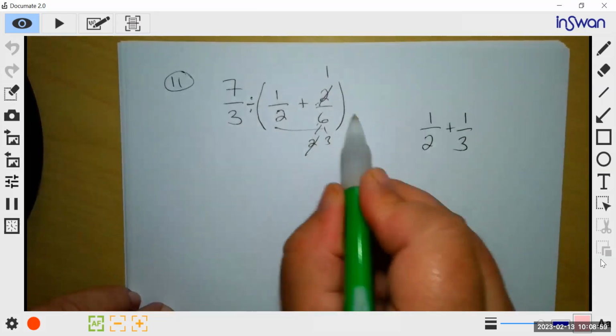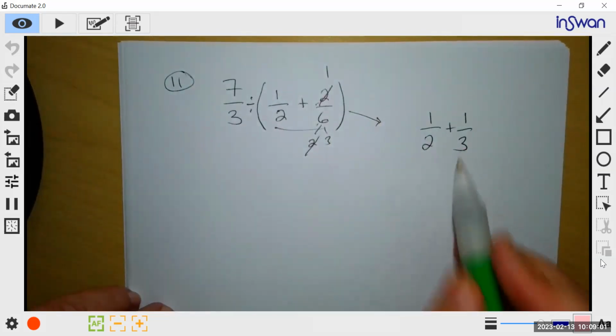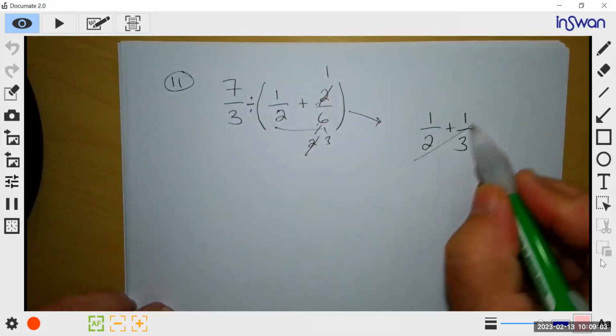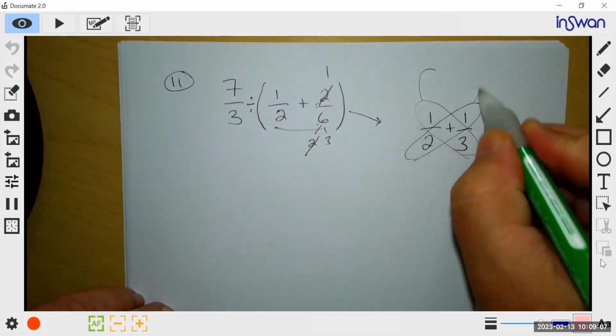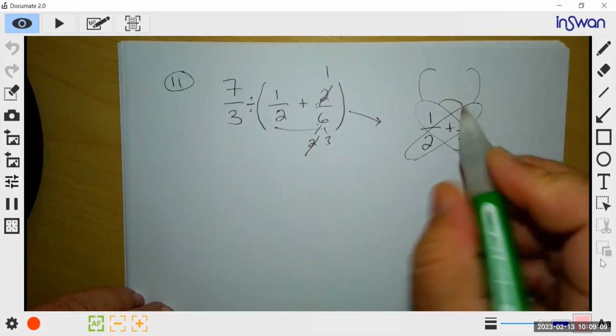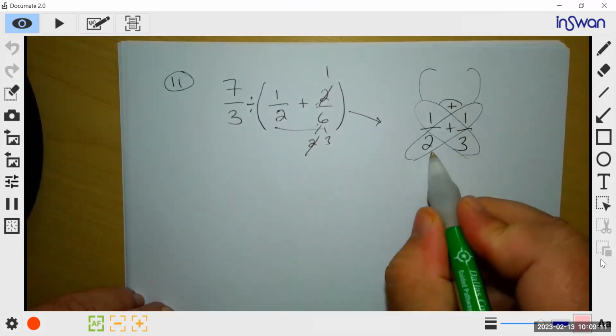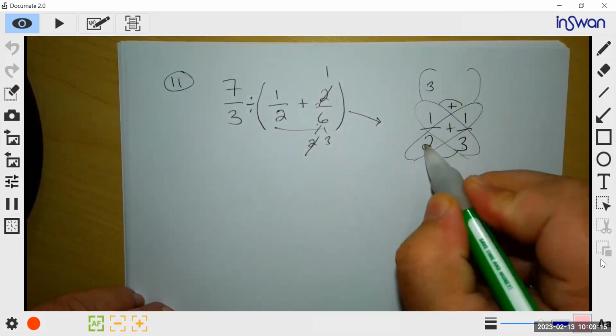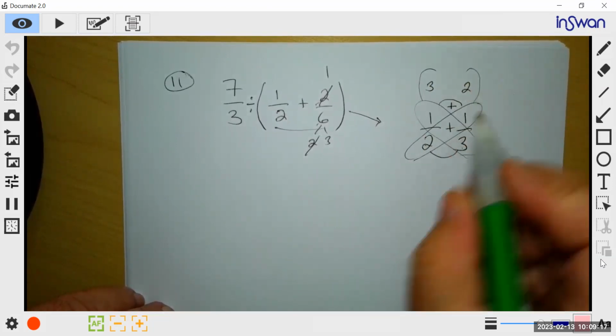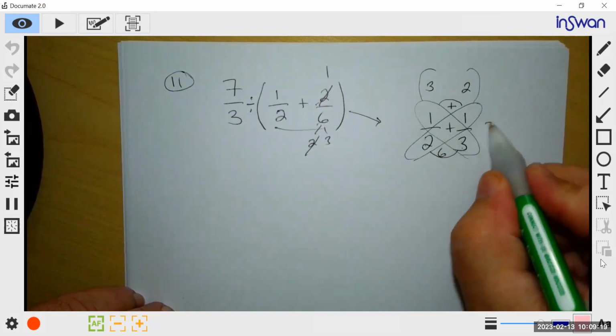So this becomes this. We add fractions. It's a plus sign between there. 3 times 1, 2 times 1, 2 times 3.